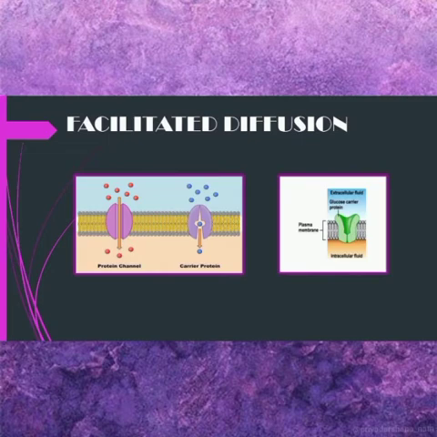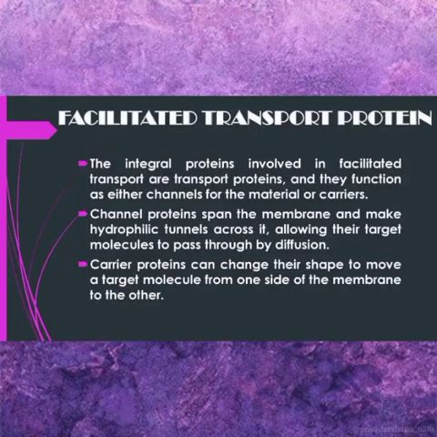Because facilitated diffusion is a passive process, it does not require any energy. Many factors can affect the diffusion rate, such as concentration gradient, diffusing particle size, and the system's temperature.